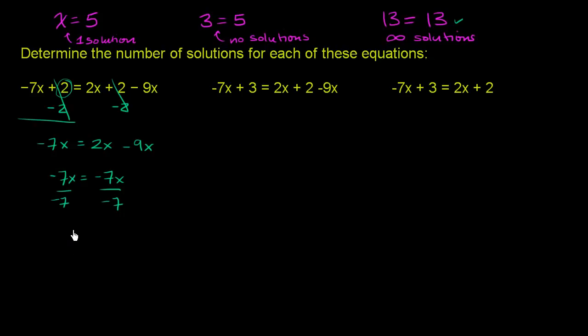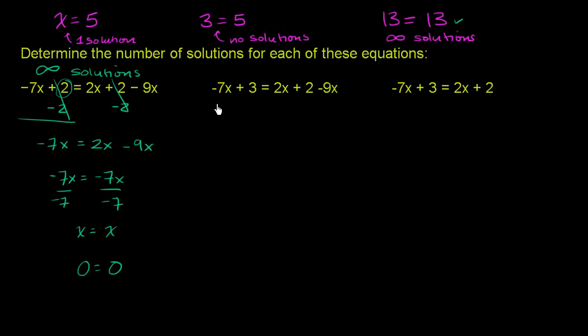But if we were to do this, we would get x is equal to x. And then we could subtract x from both sides. And then you would get 0 equals 0, which is true for any x that you pick. 0 is always going to be equal to 0. So any of these statements are going to be true for any x you pick. So for this equation right over here, we have an infinite number of solutions.